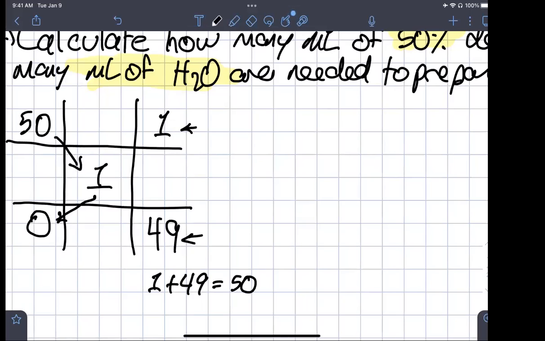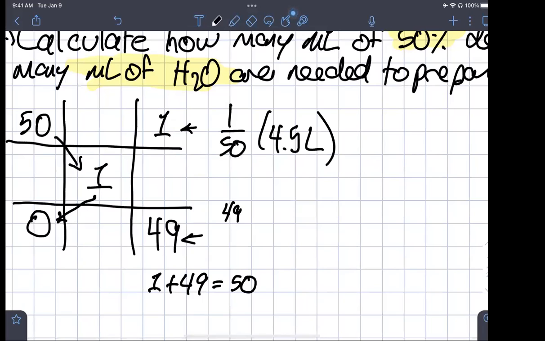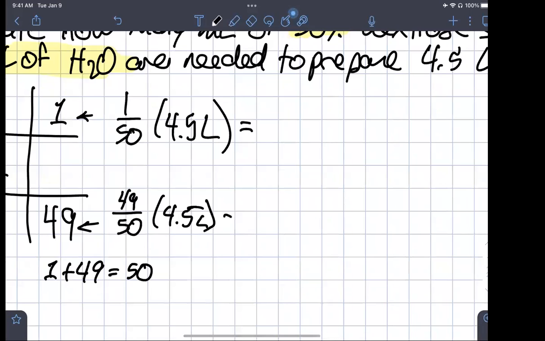That means that 1 over 50 parts of our 4.5 liter solution comes from our 50% dextrose, and 49 over 50 parts comes from our water, but it's still our 4.5 liter solution. I'm going to keep it in liters for posterity's sake, but you could convert it to mLs anyways, because the answer is wanting it in mLs. So I can write that right here.